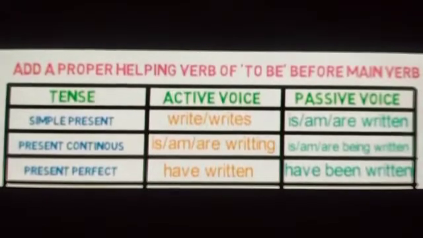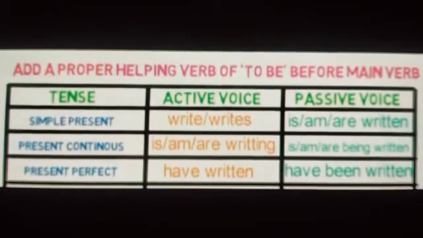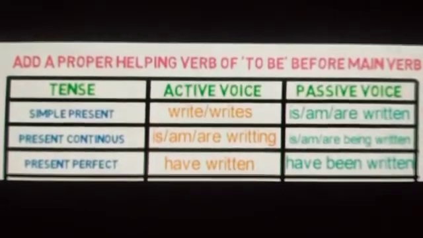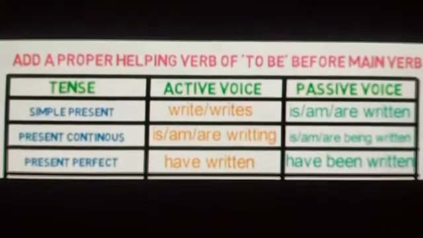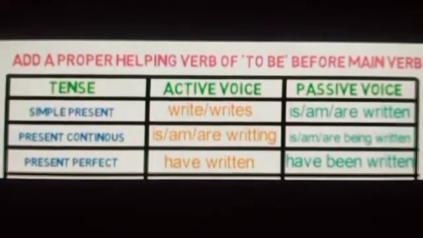As per the rules, we add a proper helping verb before the main verb in the sentence. As in active voice of simple present tense, we use s or es with the first form of verb. While converting into passive voice, we use is, am, are with third form of verb.